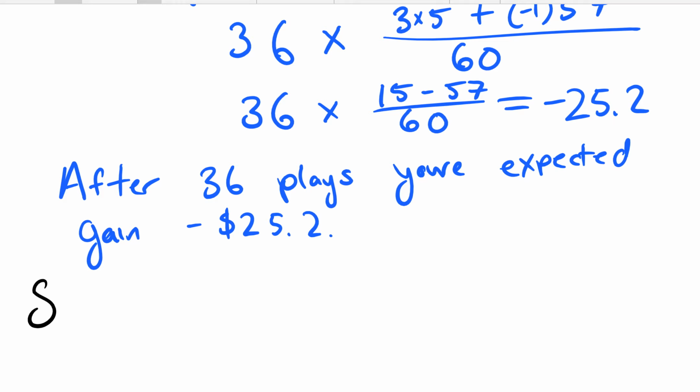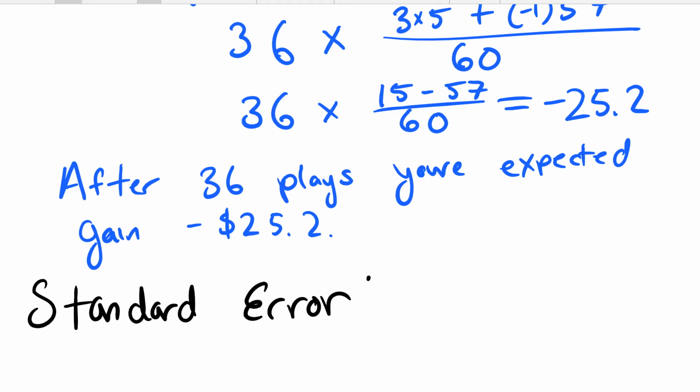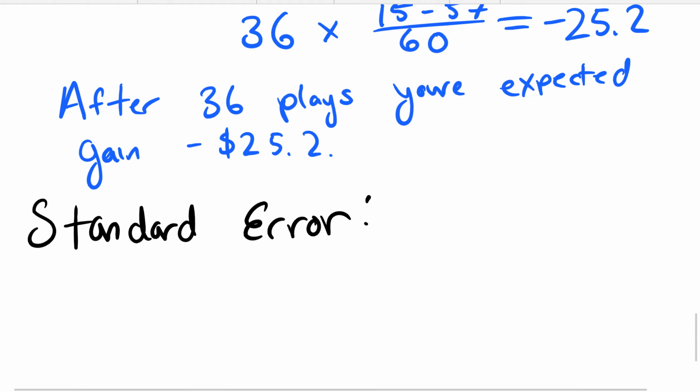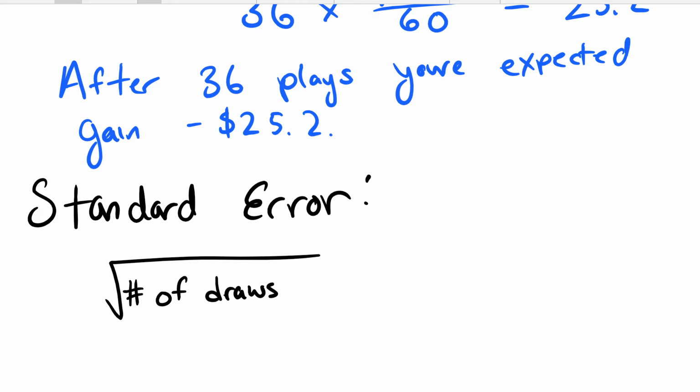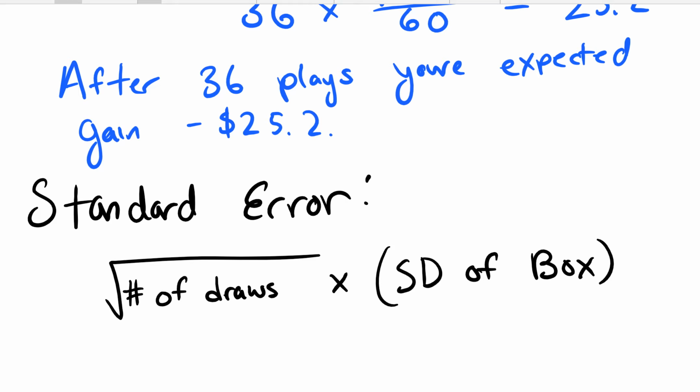What about the standard error? Once again, we have a formula. It's the square root of the number of draws times the SD of the box, the standard deviation of the box.